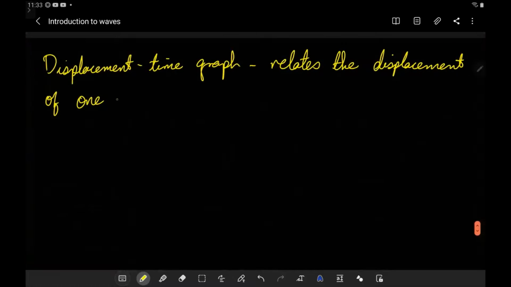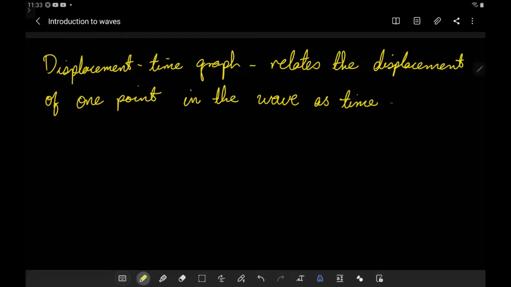It is of one point in the wave as time continues, and of course, position is held fixed.